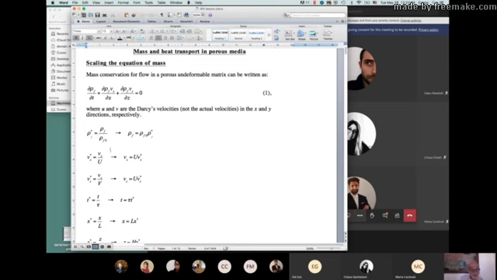The same I can do for the velocity in the x direction, which I scale to my supposed maximum velocity of the fluid, which probably I don't know.